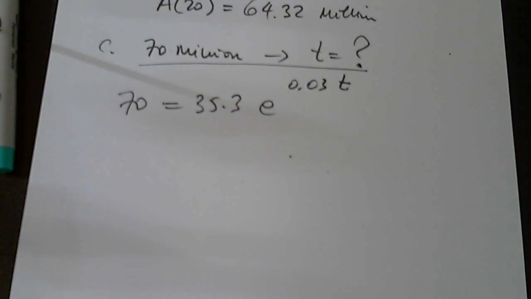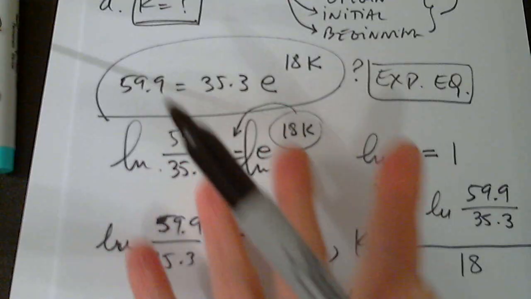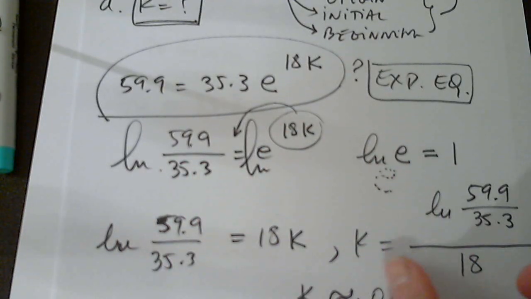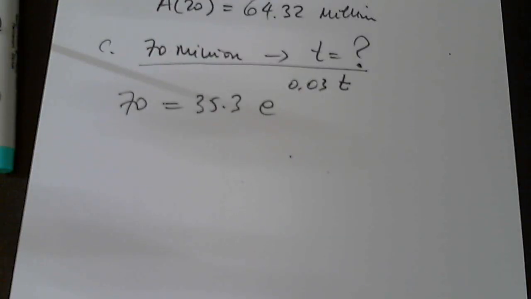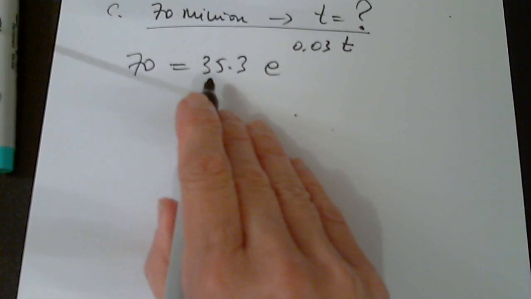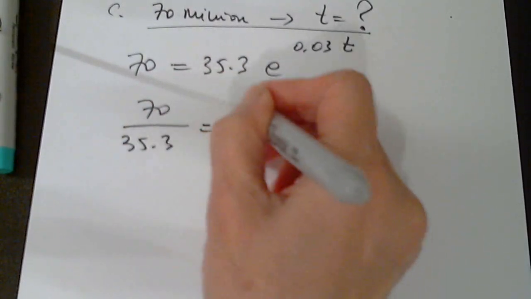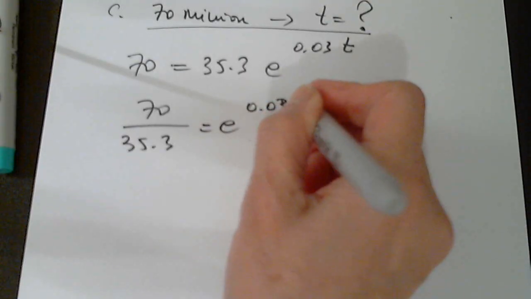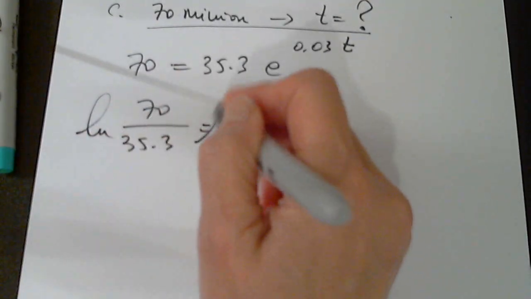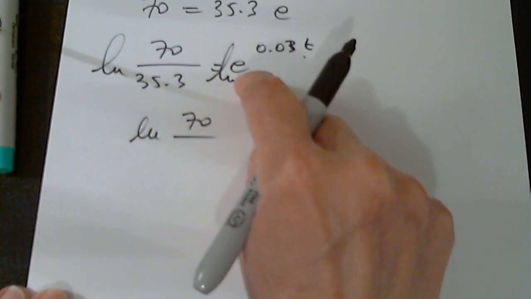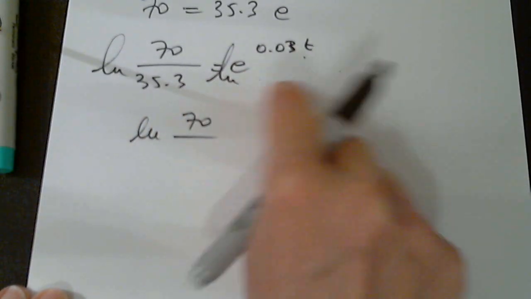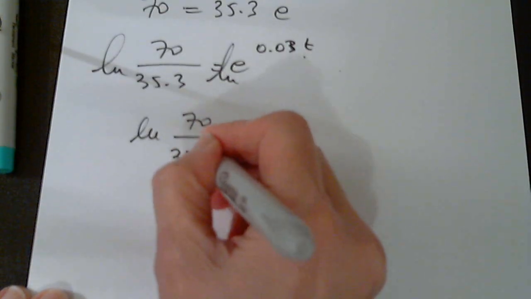All the same steps. Everything that we just did. So of course we have to clean it up. We have to apply natural log to both sides because the base is e, and it makes it much easier on the right-hand side.